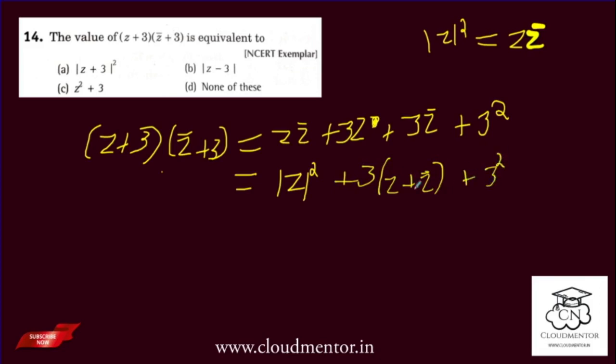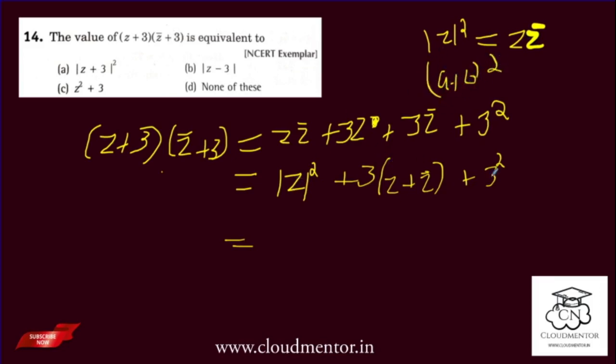Okay, we have to change this to a general form. If we take an example as a plus b the whole square, we need a square and b square.